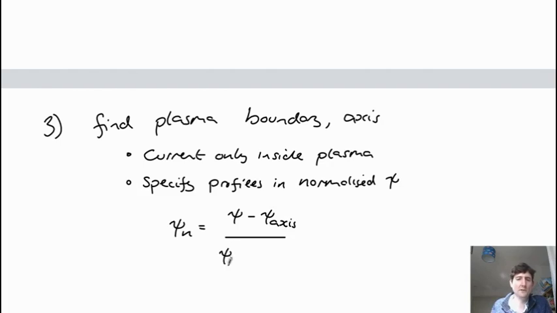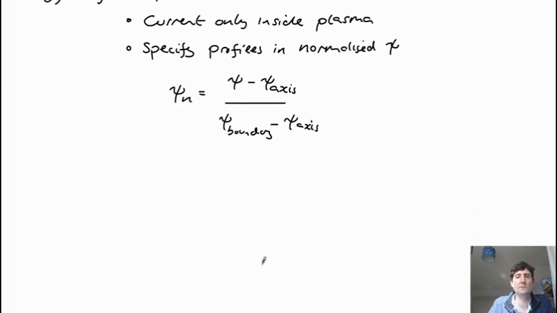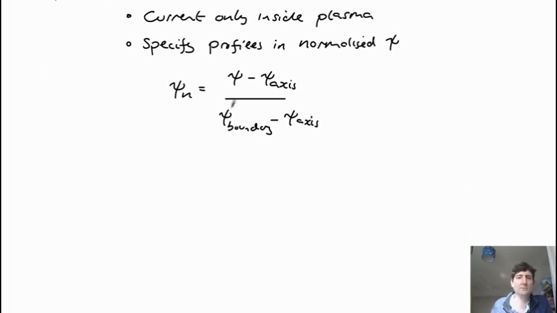So this is psi at the boundary minus psi on axis. To define psi normal, we need to find the axis and the boundary, and that is done by analyzing the shape of psi.